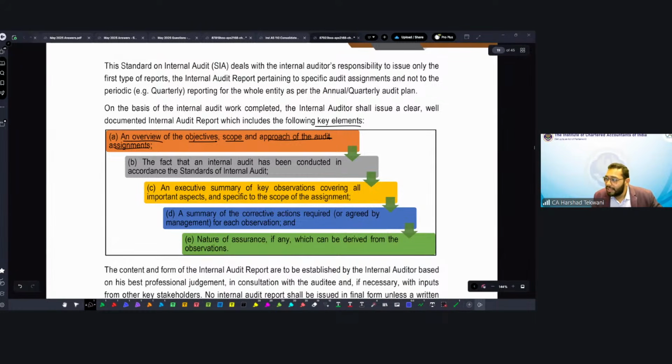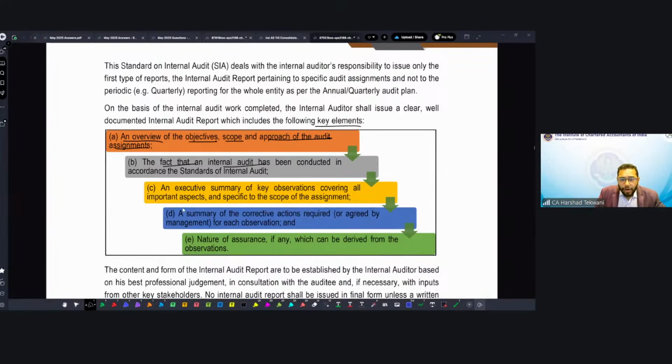Here in this scenario, an overview means the objective was to conduct the audit of P2P controls, scope P2P and SSC, P2P controls at the plant and SSC, and the approach of the audit assignment, like how we were conducting the audit.